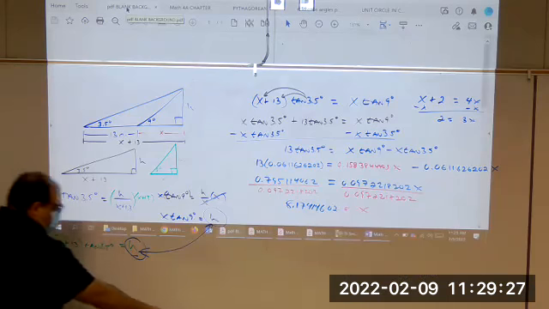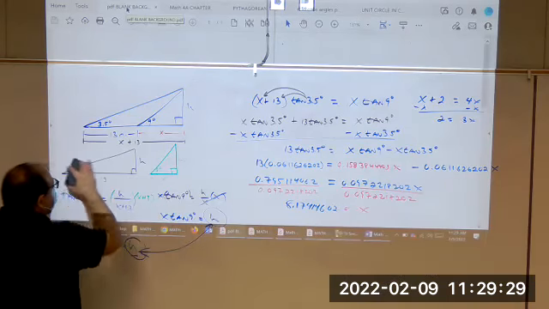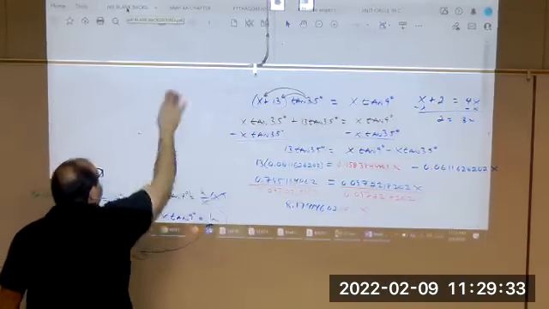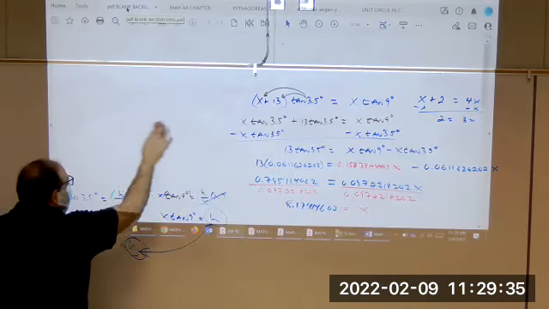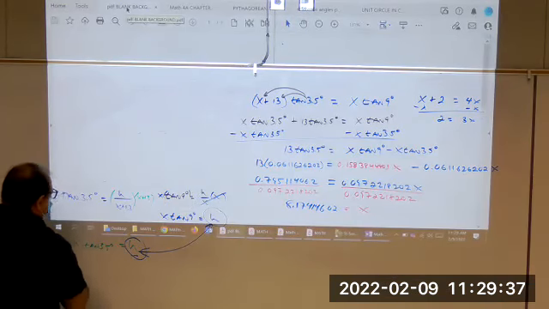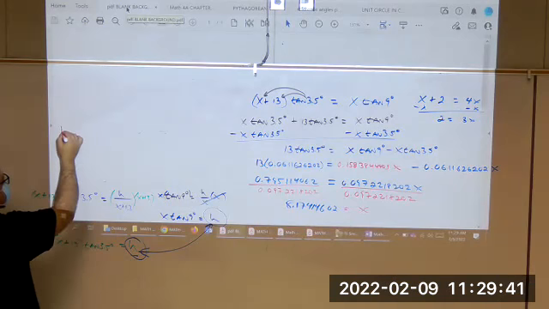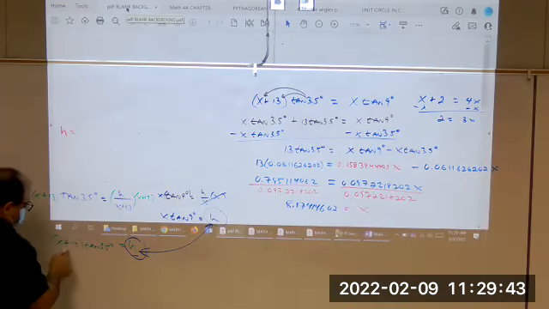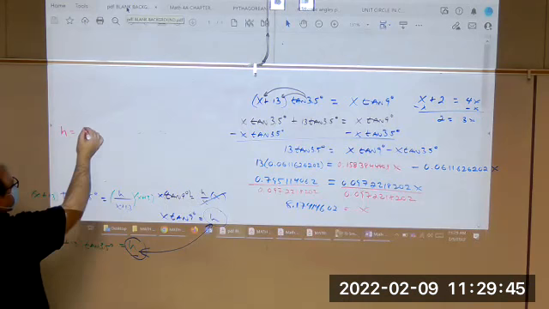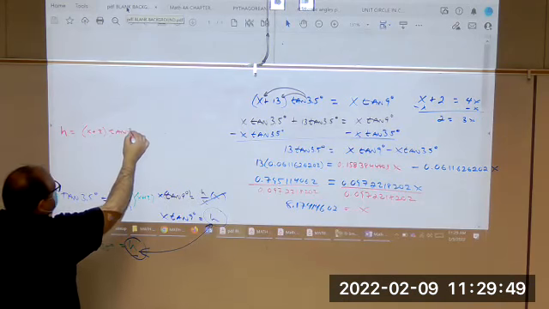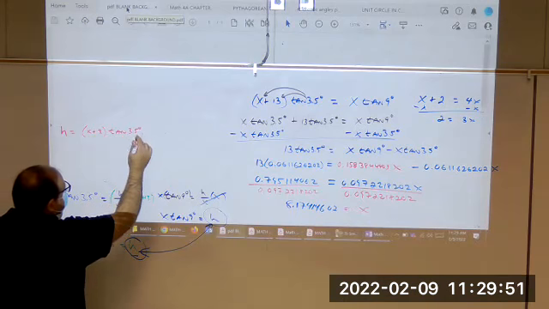Go back to here. Remember what you got. I'm just making some room. Over here, you have H equal to x plus 13 times the tangent of 3.5 degrees.